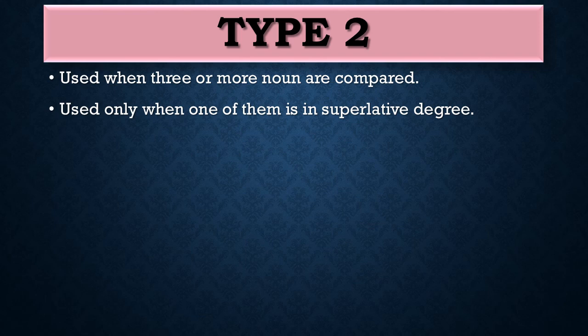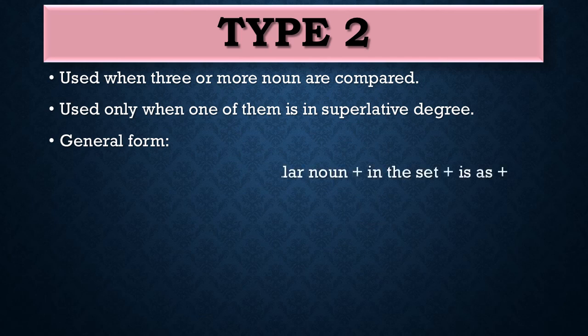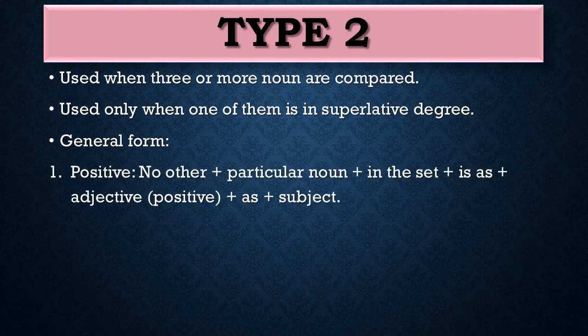So, there are no steps, there is only a general form. General form of the type 2 sentences. Just note down the general form. First one, positive degree. The general form for positive degree is: no other plus particular noun in the set plus is as plus the positive adjective plus as plus the subject.